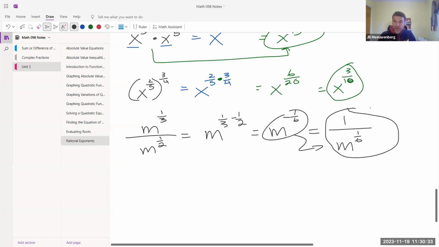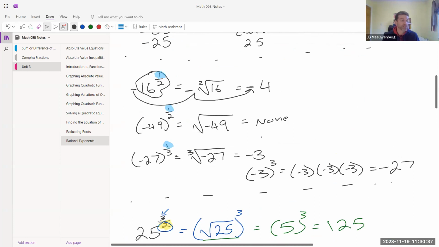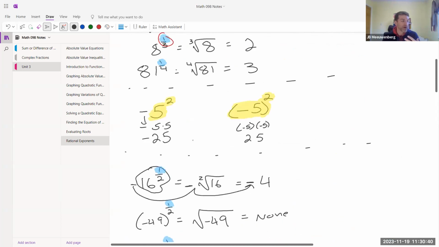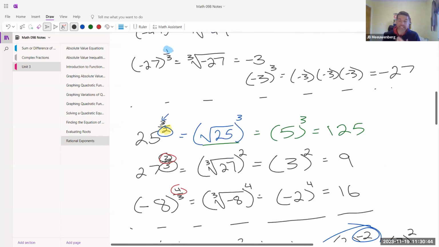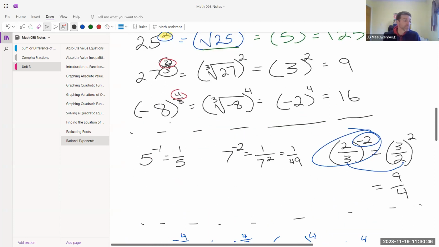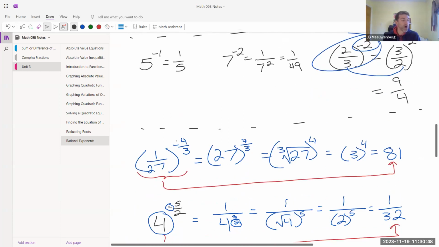So we evaluated exponential expressions with fractional exponents. We saw negatives in there. We saw different numerators other than 1. We saw negative exponents as well. Again, the denominator, whenever you are doing this, becomes your root. The top of the exponent, the numerator, becomes just the new exponent all by itself.